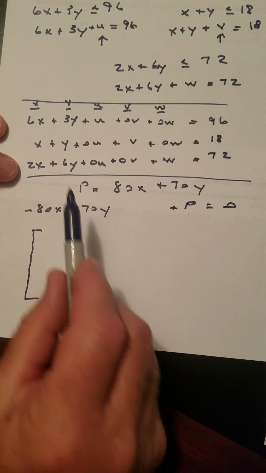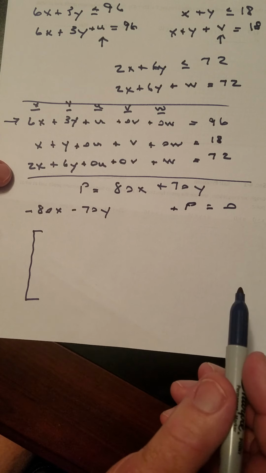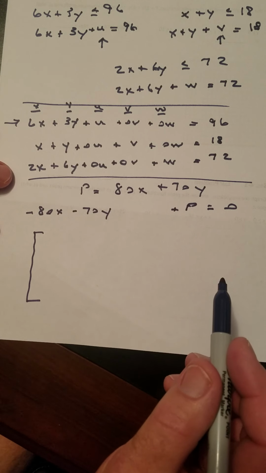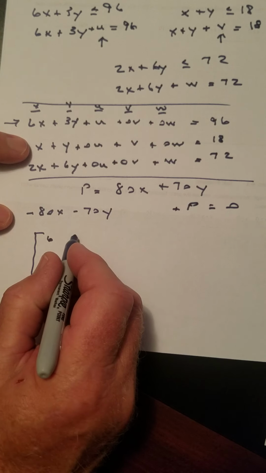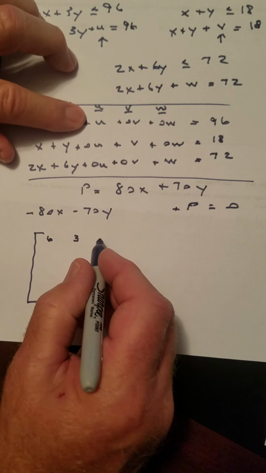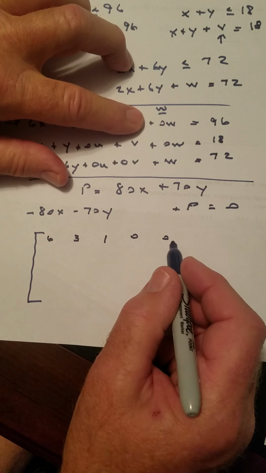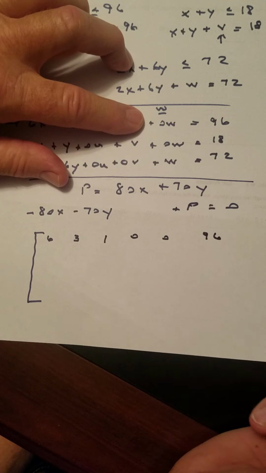The top row is going to come from right here. If you remember with matrices, you drop out the plus signs, the equal signs, and the variables. So I'm going to have 6, 3, 1, 0, 0, and on the other side is 96.